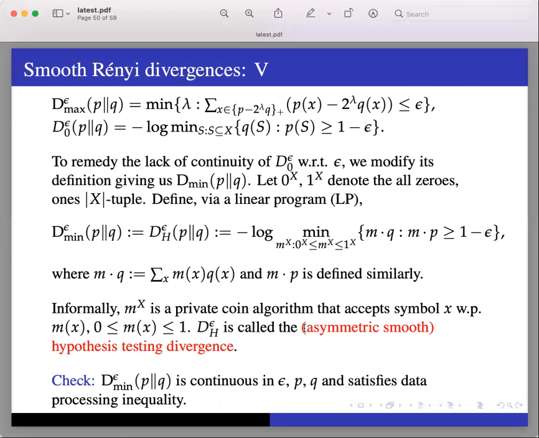And now you can check that d epsilon min is continuous in its parameters epsilon, p, and q. That's because it's given by a linear program, and if I vary epsilon slightly, you can see that this feasibility constraint varies only slightly.